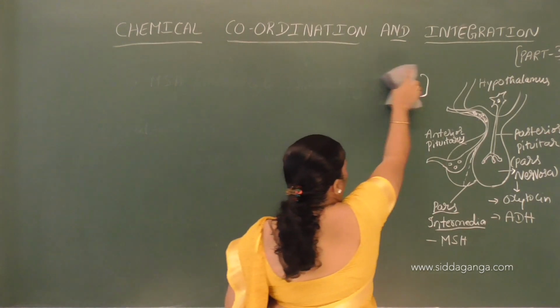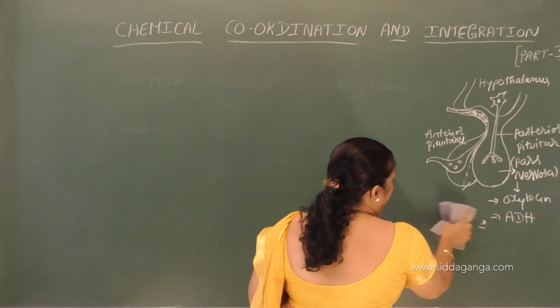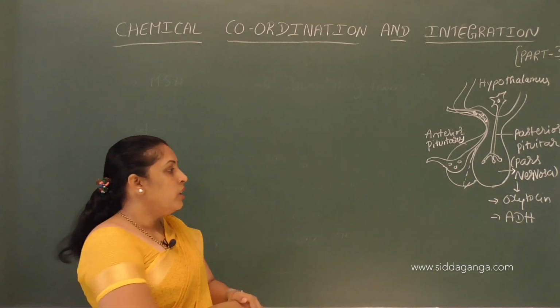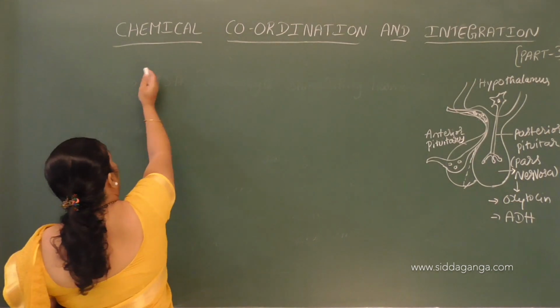Next we will go with the hormone produced by the posterior pituitary gland, that is oxytocin.